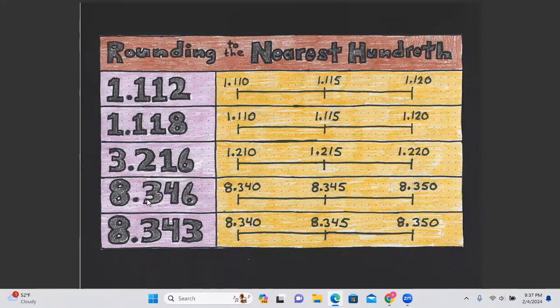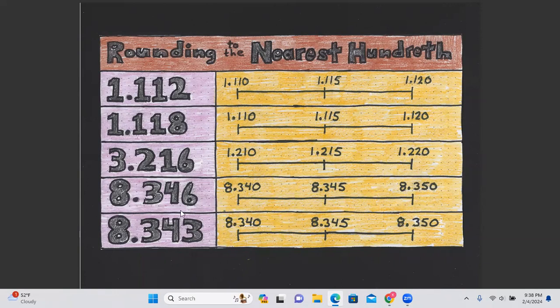And let's take a look at the part, again, that is behind the decimal point to the right of the decimal point, the 346. And we see that 346 is larger than 345, which lets us know that 8 and 346 thousandths rounds to 8 and 35 hundredths.